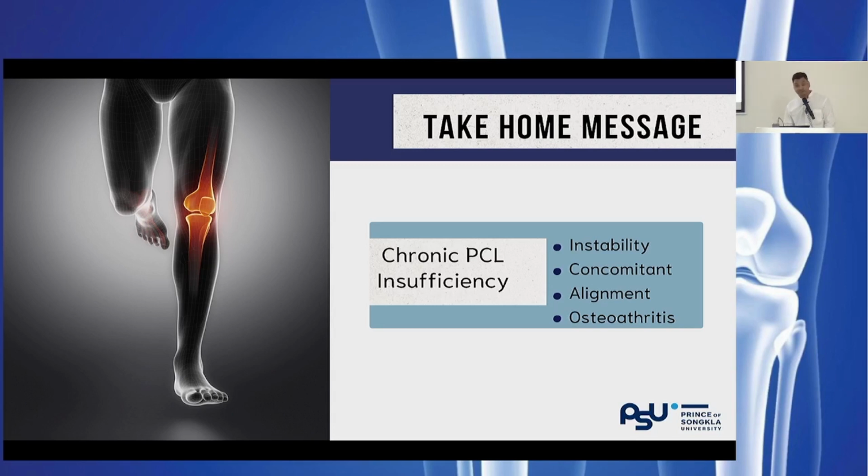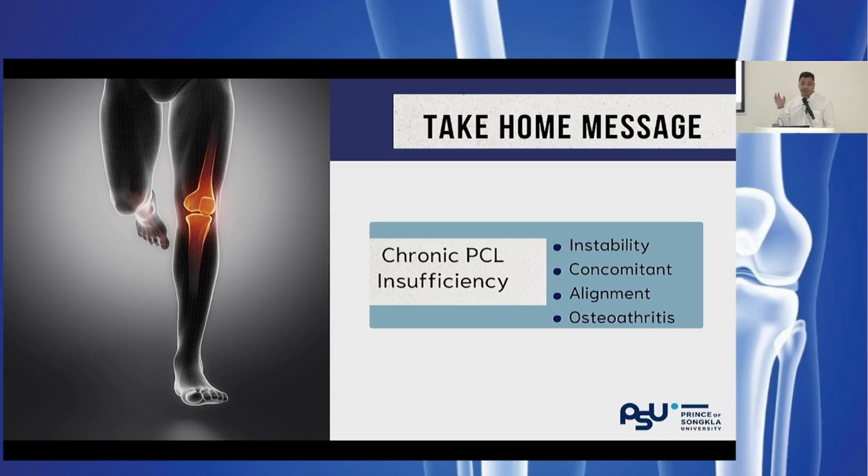In chronic PCL, what is your judgment regarding sagittal plane alignment according to the tibial slope? Like when you perform PCL reconstruction plus a slope-changing osteotomy, what is the indication for doing that? In the sagittal plane, right? As we know, the posterior tibial slope varies from 2 to 10 degrees.